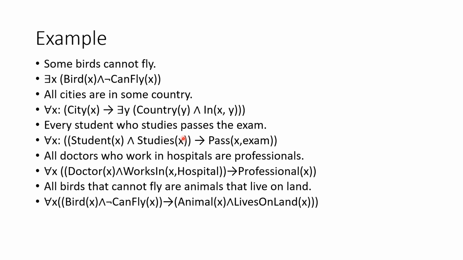Not can fly of X implies animal of X and lives on land. Who is living? X is living. So for all X, if X is a bird and X cannot fly, it implies that X is an animal and it lives on land.